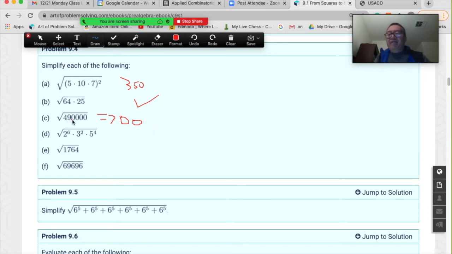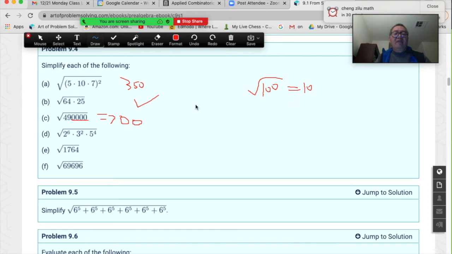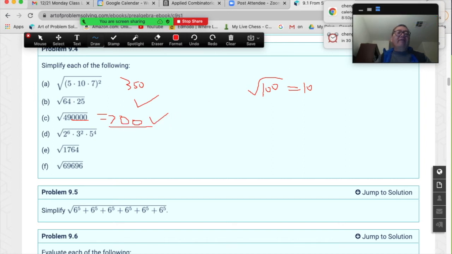Say you have 4 zeros, then you just keep 2. Half. Remember 100? When you square root, you get a 10. So that's 10,000. You square root, you get a 100. So 49 square root, you get a 7. So the correct answer is 700. Okay?